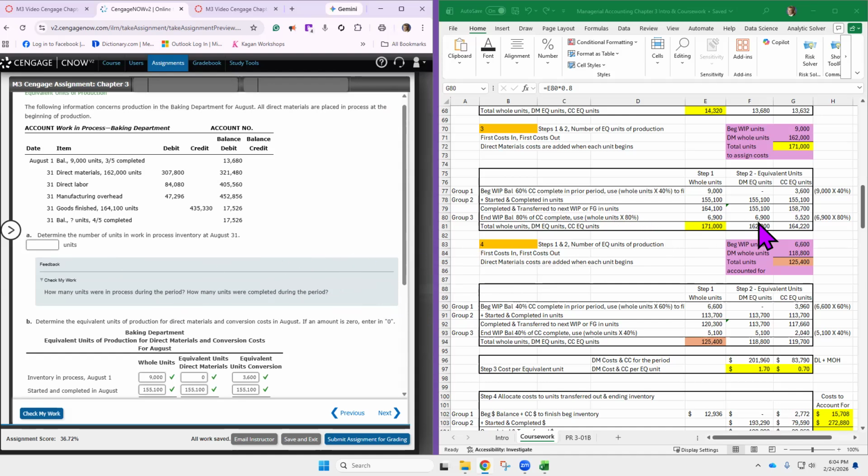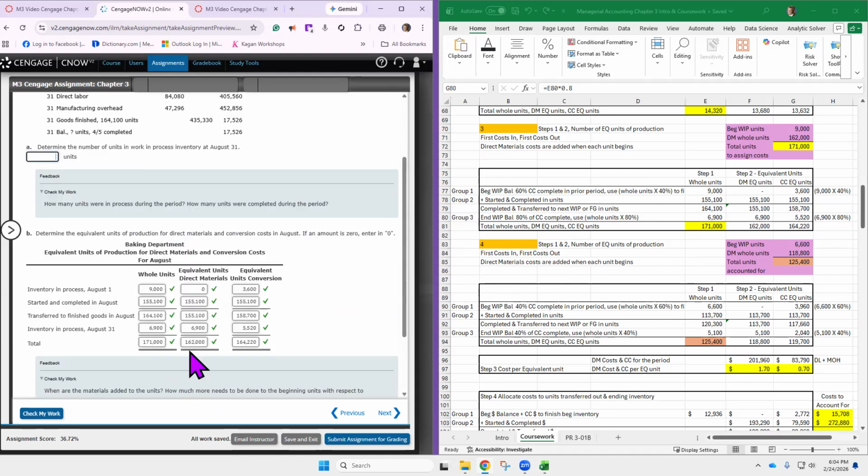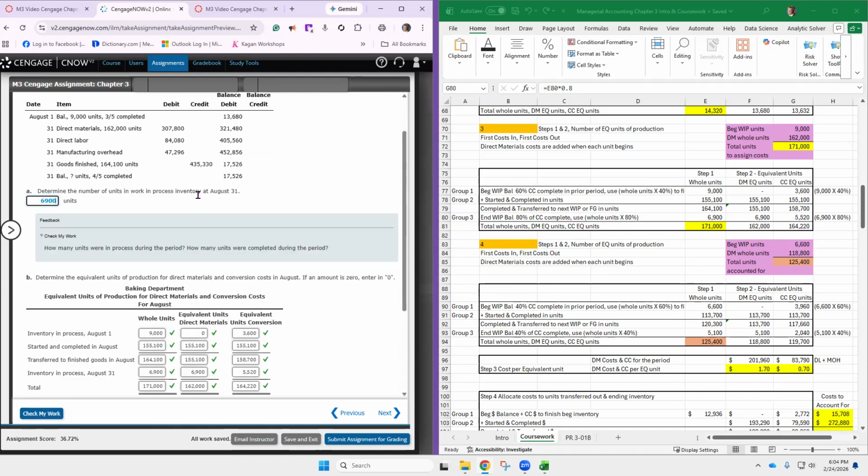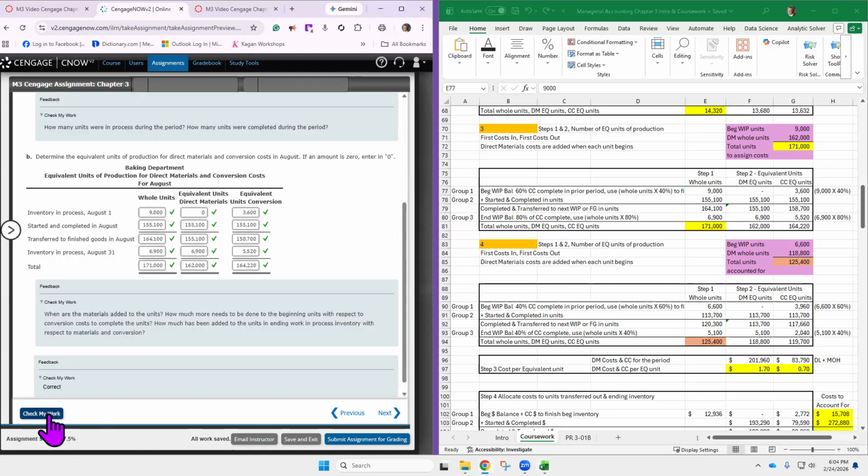That was that first 6,900. Yep, sorry. 6,900 is the number of units in work in process inventory at August 31st, because this is the ending balance, and the beginning balance is 9,000. So be careful.